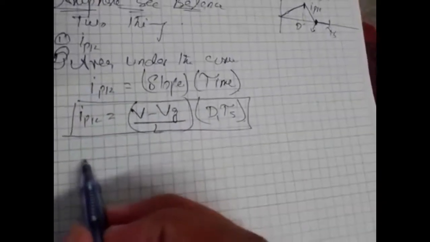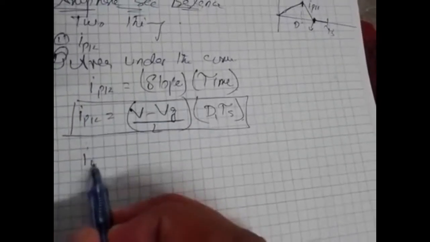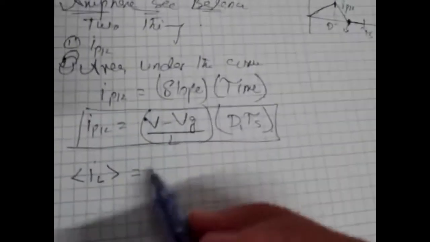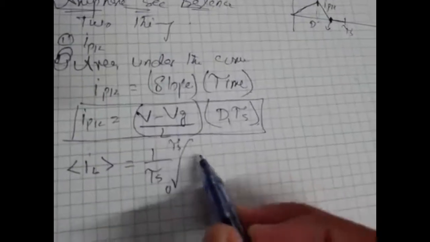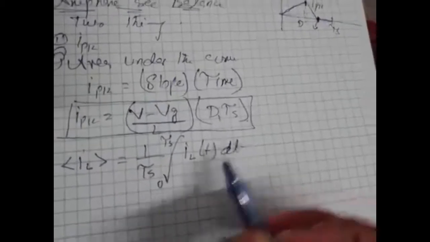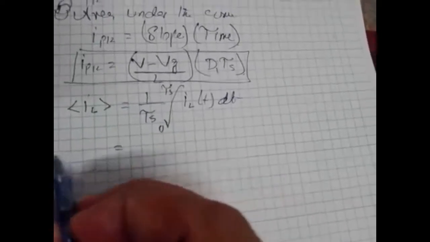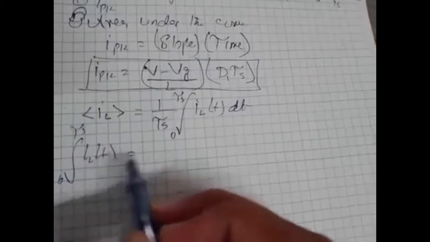Now as we know, the average inductor current is equal to the DC current, and that is equal to 1 by Ts integral from 0 to Ts of iL dt. After applying that, we get Ts times IL, that is the area under the curve.